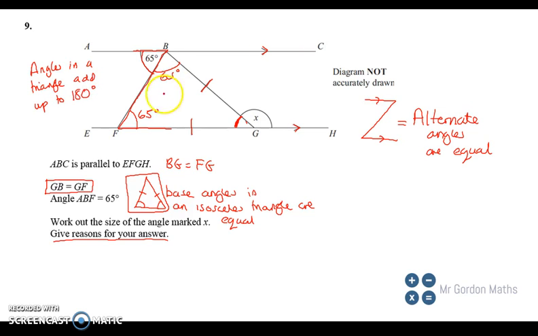And that's another reason. 65 and 65, that makes 130, leaves us with 50. And that all adds up to 180. And then you can use another rule. There's plenty of rules to choose from.